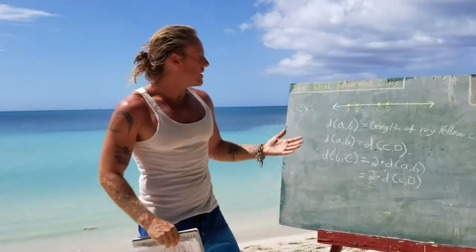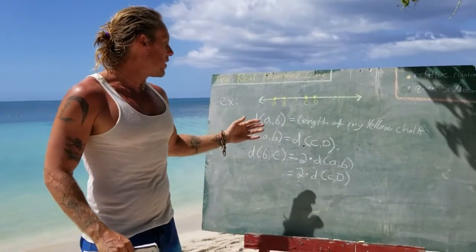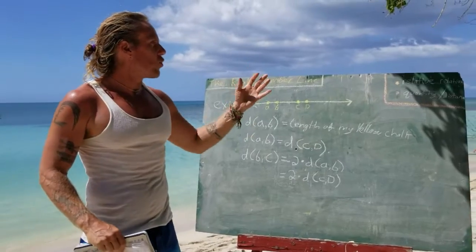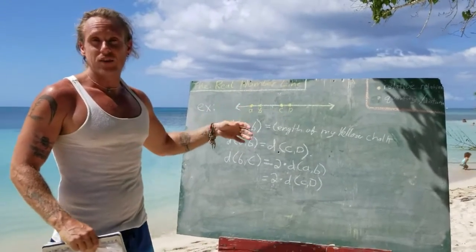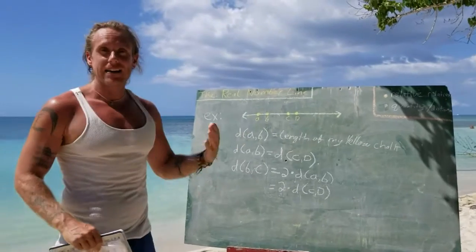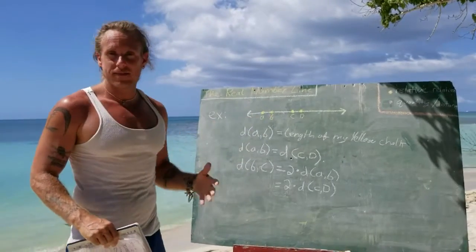Okay, so we can see that the number line allows for us to talk about certain quantitative properties between points, relating that to numbers as we're looking at a number line. So a number line is very useful in that way.